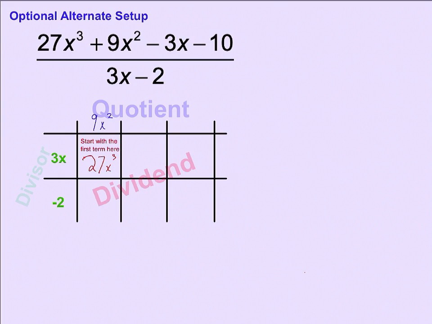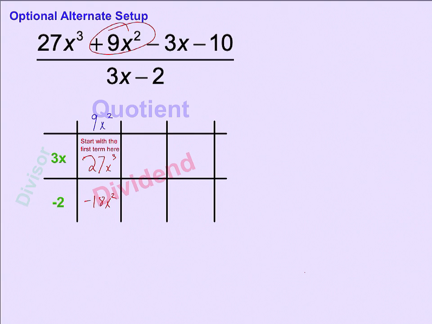And then I'm going to multiply 9x squared times negative 2. And that's going to go in the space here, sort of the product of the 9x squared times the negative 2. This is where they meet. So I'm going to put negative 18x squared there, which you'll notice is not the next term here.